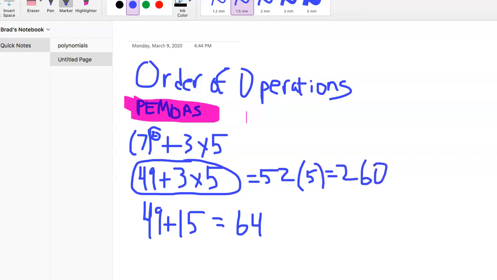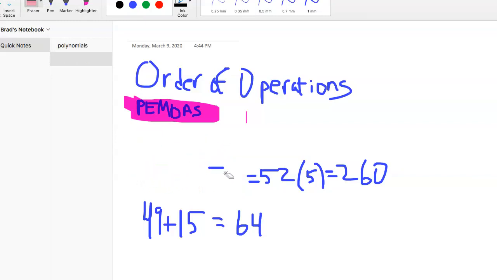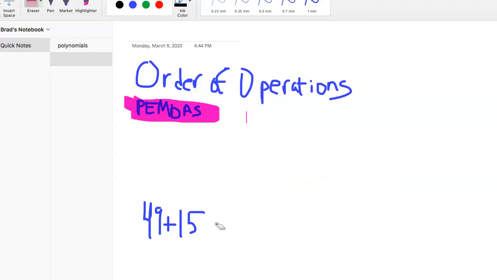Right? So while the actual answer is 64. So that is the reason why we have to make sure we do these things in order and not just go left to right. Okay. So that was a fairly straightforward order of operations question, but still easy enough to mess up if you forget about PEMDAS.